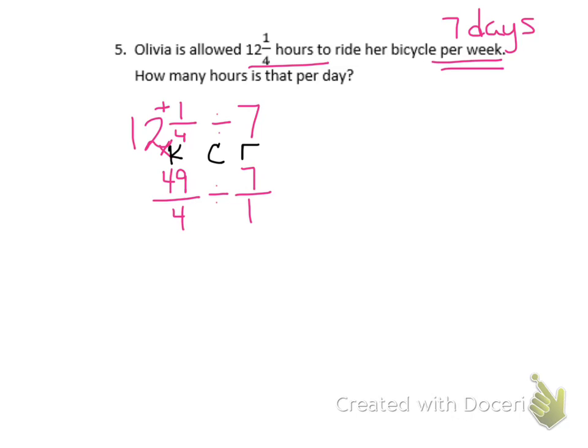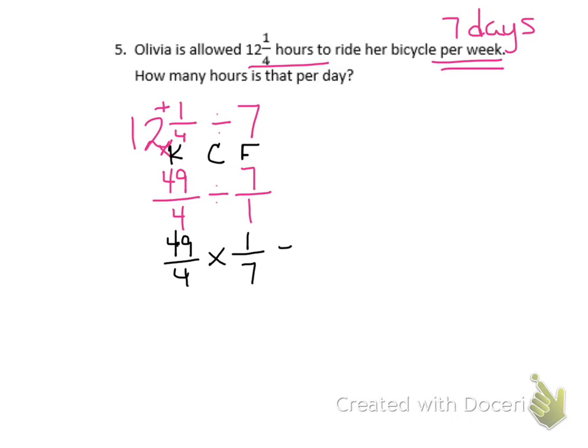So I'm going to keep my first fraction, change my division to multiplication, and then flip the 7 over 1, so that would become 1 over 7.